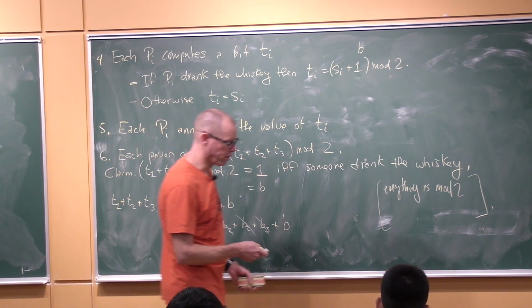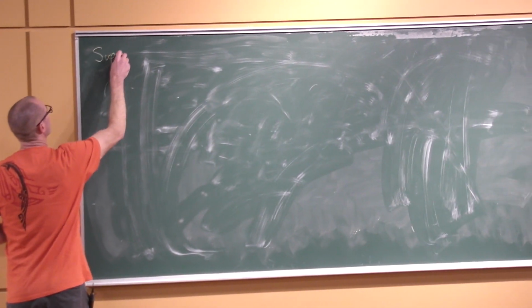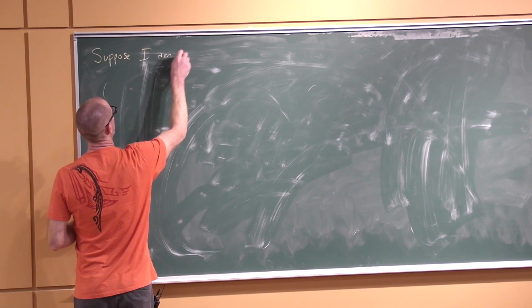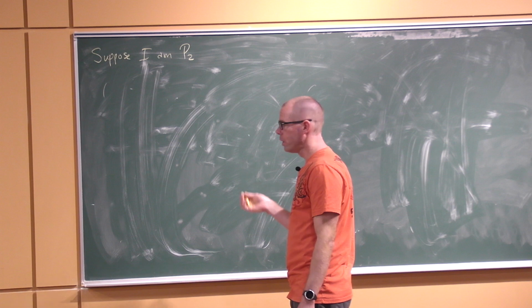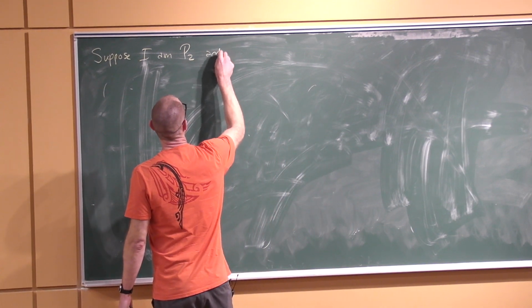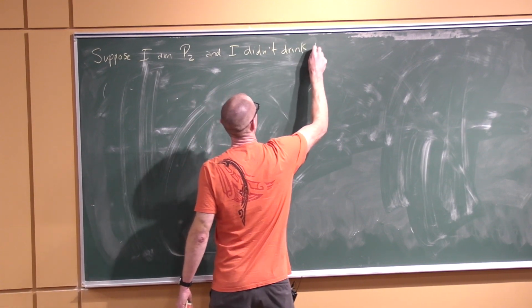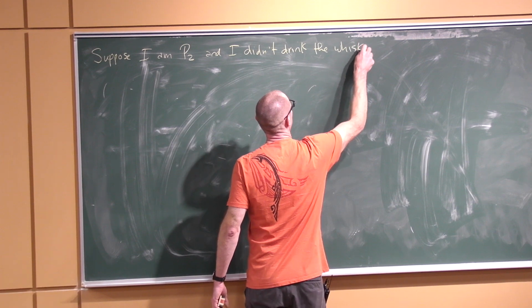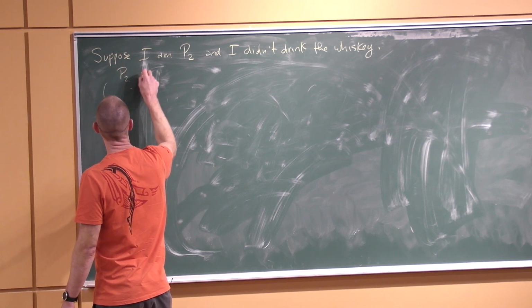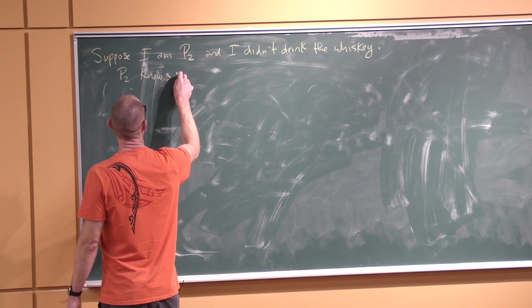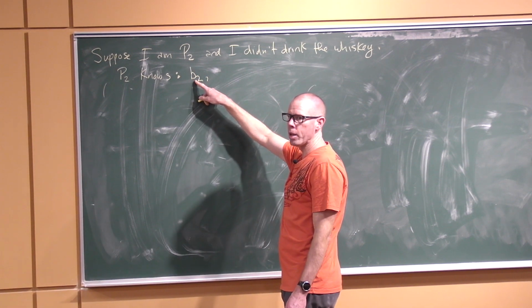Okay. So let's look at this. Suppose I am P2. This is without loss of generality. P2 is just one of the 3. They can all do a similar thing. And I didn't drink the whiskey. So here's what P2 knows. He knows the value B2 because he generated it. That's his random bit.